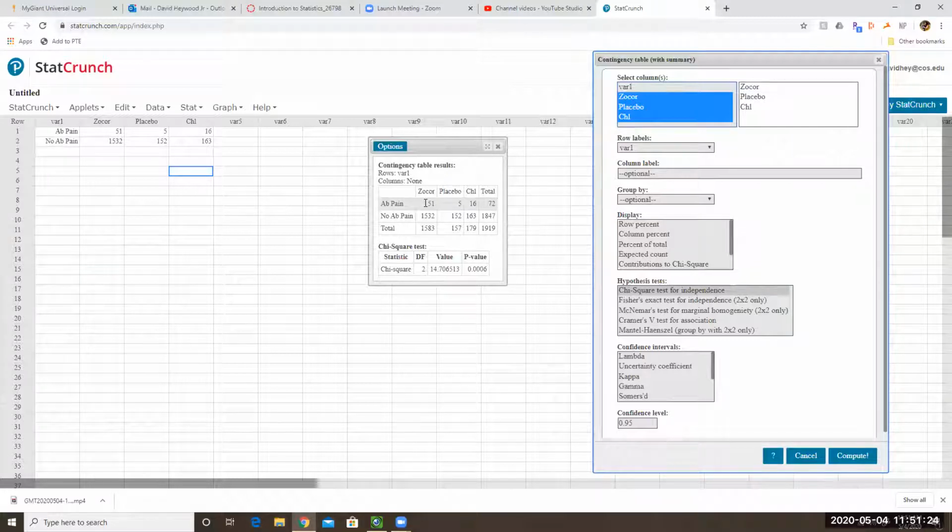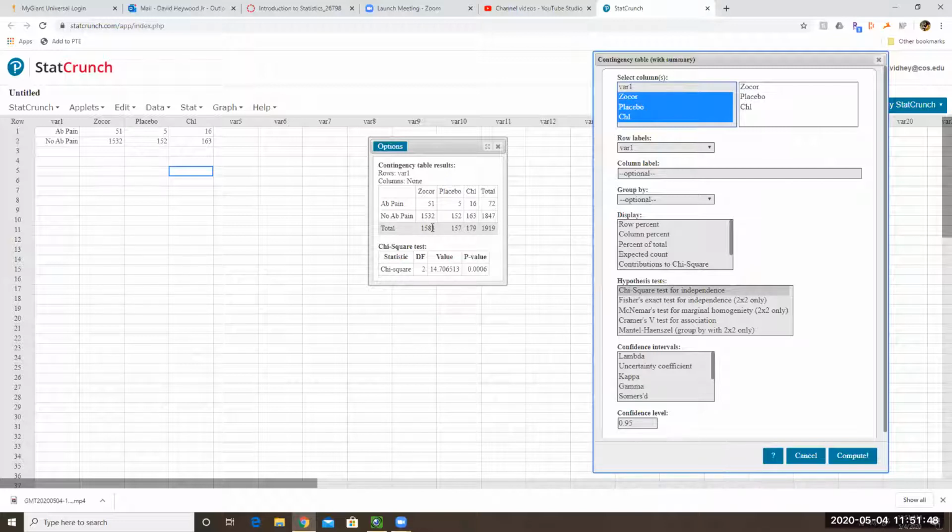Oh, and actually I did it wrong. I think when we did it by hand, we did it wrong. Shoot. Okay, because I think what I did when we did it by hand is I did 51 out of 1532. It should have been 51 out of 1583, right? I should have done the number of people who experienced abdominal pain out of the total number of people in the Zocor group. So I totally messed that up, and I apologize for that.